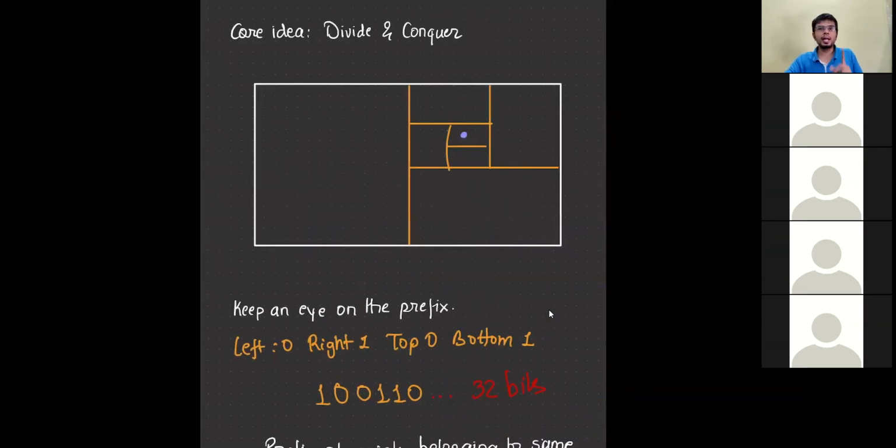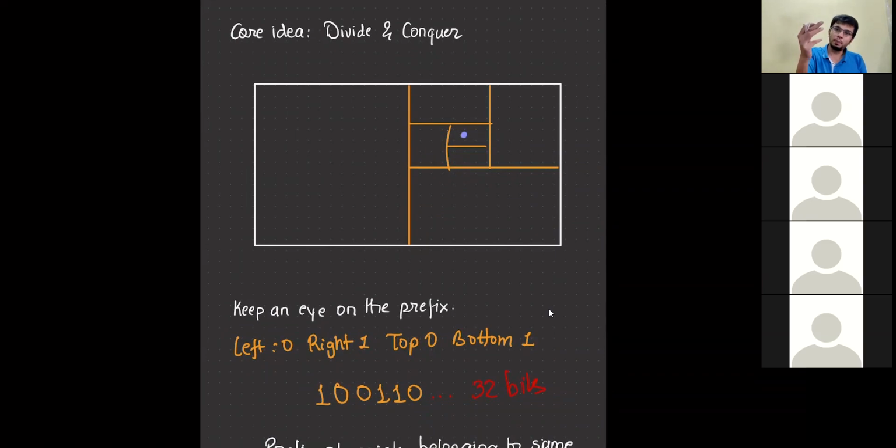The core idea behind GeoHash is divide and conquer. Let's say we have this rectangle as our world, our entire world. What we do is we always divide it in half. If the point is on the left, it is 0. If it is on the right, it is 1.